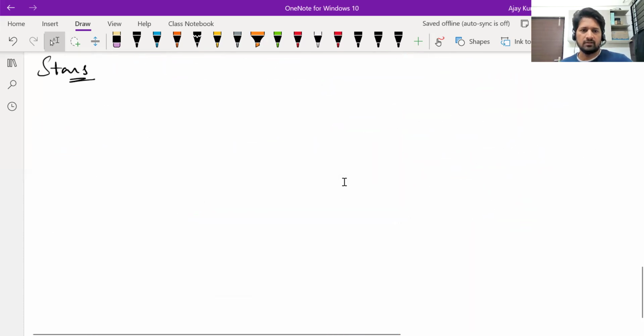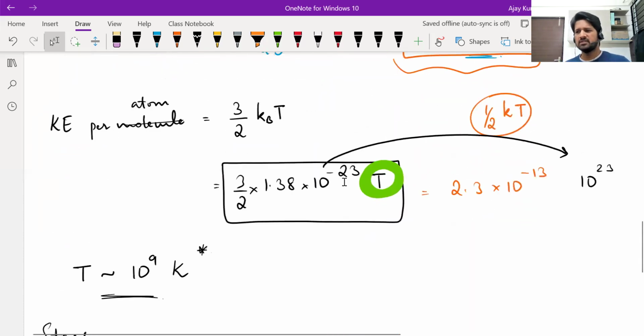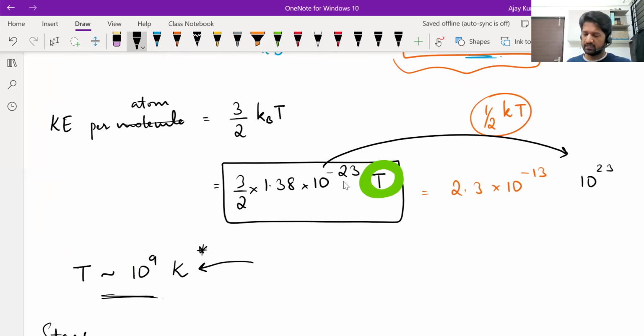Basically, fusion is difficult because nuclei, which are positively charged, have to come within a distance of 10 power minus 15 meters of each other. For that, we have to supply a lot of energy. So the nuclei will have to be raised to temperatures as high as 10 power 9 Kelvin, which is difficult to do in the lab.